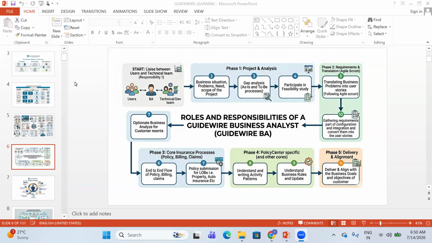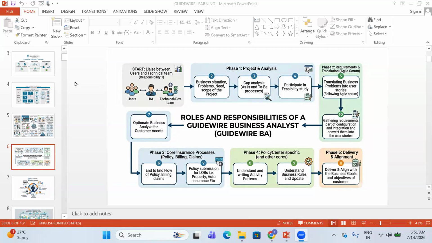That is one advantage in Guidewire, because any company that wants to migrate to Guidewire can go with any one of the products. Some want PolicyCenter, some want only ClaimCenter, some want only BillingCenter. So the advantage is that if you are opting for Guidewire on-premise, you can take any one.